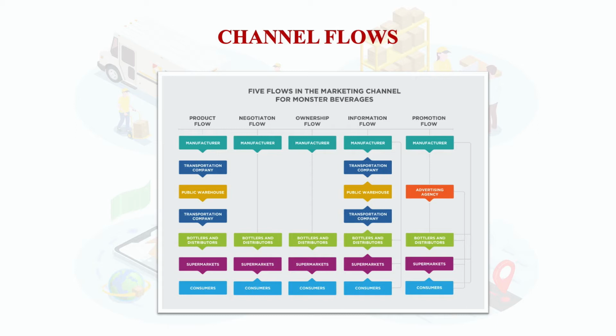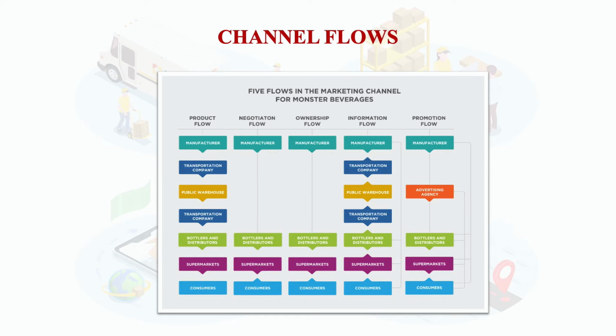So as long as the agent middleman is holding the goods, he's holding them on behalf of the manufacturer before they can be given over to the consumer. The other middlemen are the merchant middlemen, and all of these we call wholesalers, retailers, and so on. Wholesalers and retailers actually take ownership of the goods, so they buy the title of the goods from the manufacturer, and then as they go down the channel, they transfer this title to successive owners.